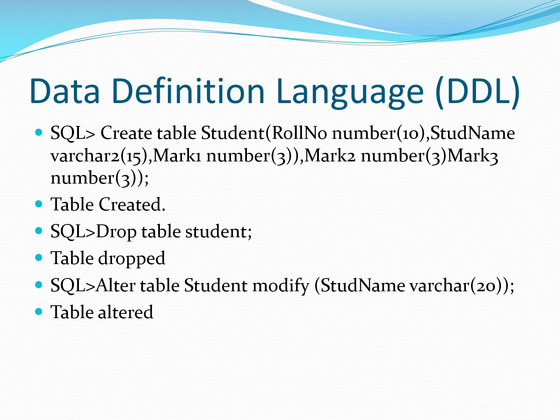Here the data types and the field names that we're using are given. Roll number, the data type is number of 10. Stud name, the data type is varchar2 of 15. Mark 1, number of 3. Mark 2, number of 3. Mark 3, number of 3. So when we give it with a semicolon at the end, the table will be created.